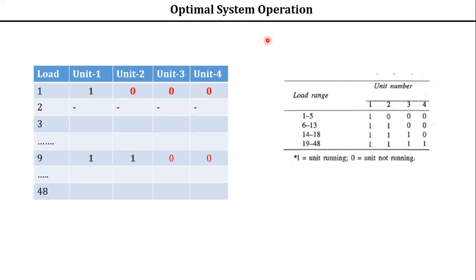After performing these operations and getting the unit commitment table, see, for a particular load of 9 megawatt, which cost characteristics are you going to give? The cost characteristics of unit 1 and unit 2. You are not going to provide the quadratic cost characteristic equation for units 3 and 4. From this table only, you have got that cost characteristic equation.